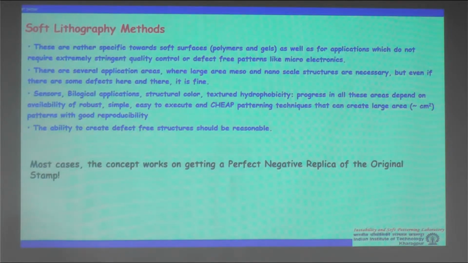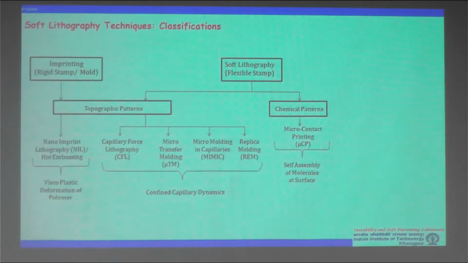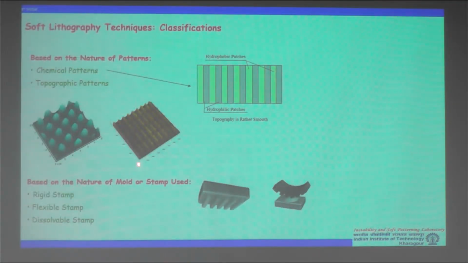So what is the necessary condition for the replication? The material that you are trying to pattern is soft, and that is meeting our requirement over here, right? So what it means is that you might have a stamp like this.